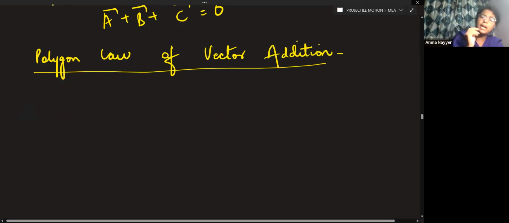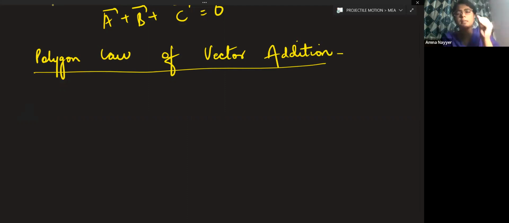Now, polygon law of vector addition is similar to triangle law. Just that in this you have more than 2 sides. If it is 2 sides, that will show you the adjacent sides of a triangle. If it is more than 2 sides, then that becomes a polygon law.